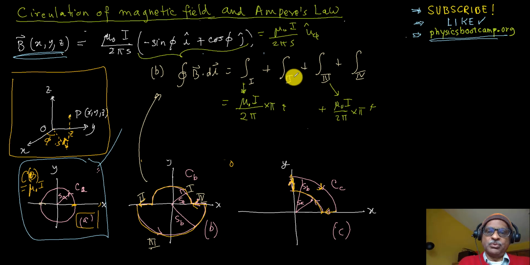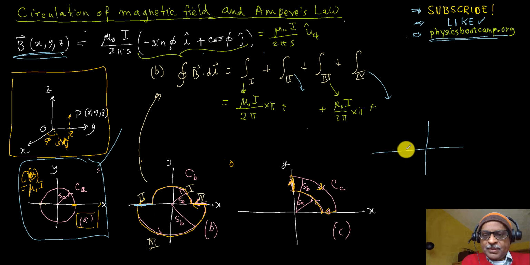Then we need to figure out what to do about this guy and this guy, right? So let's look at this guy. We're going from here to there, so take a small piece. The dl is some distance, say some distance s. This was SA and this is SB.